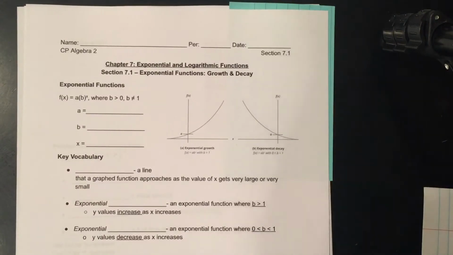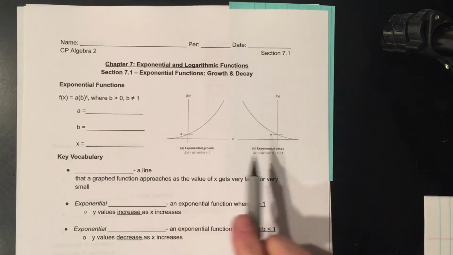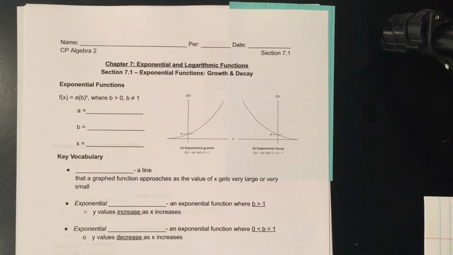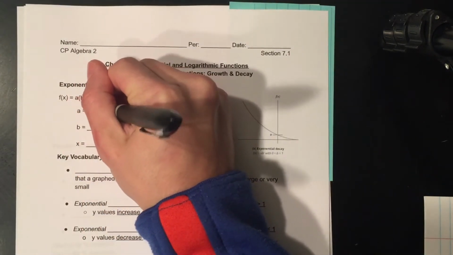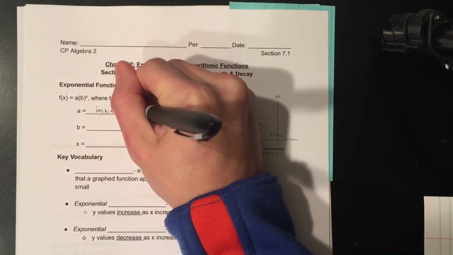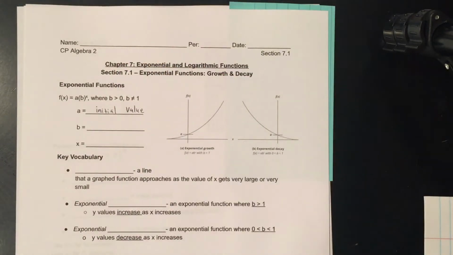All right? A couple of vocabulary pieces to start. We have two diagrams that represent exponential growth and exponential decay. So in the equation A times b to the x power, what do those letters represent? A represents the initial value. B we call the base.